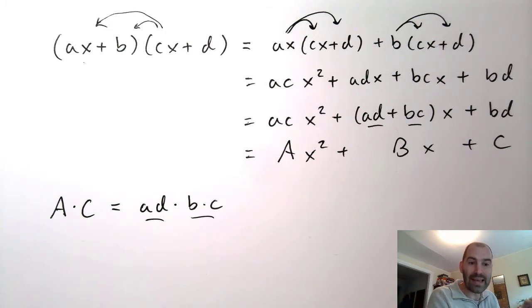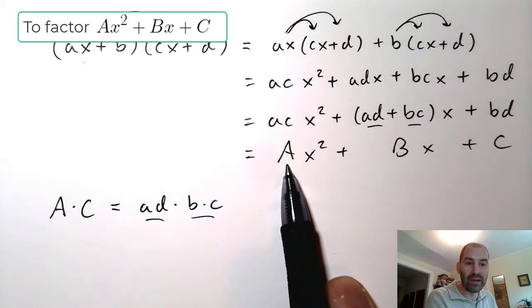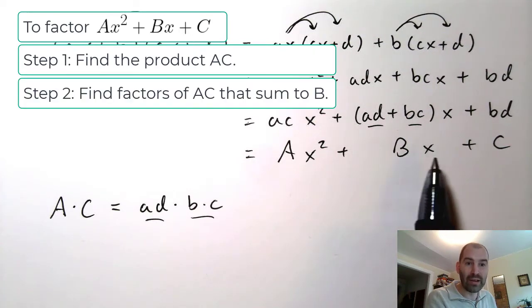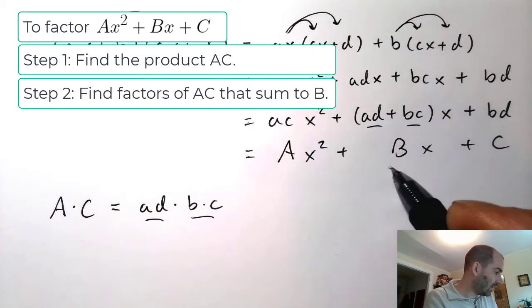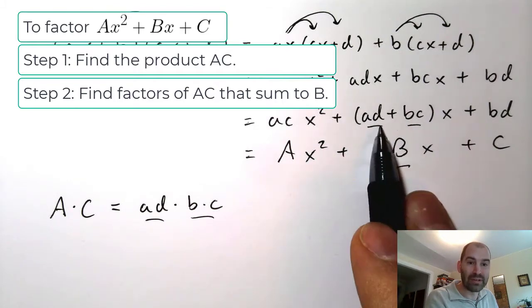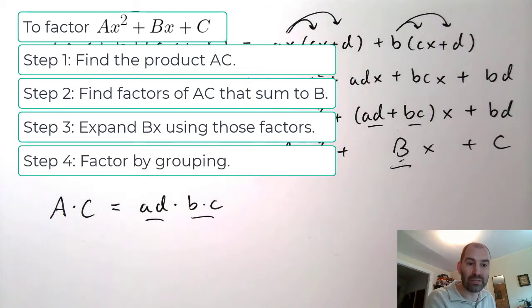That is the key realization we need when we try to factor a trinomial: we take the product of a and c and look for factors of that product that add to b. And if we can find those numbers, then we can pull this apart and work this process backwards.